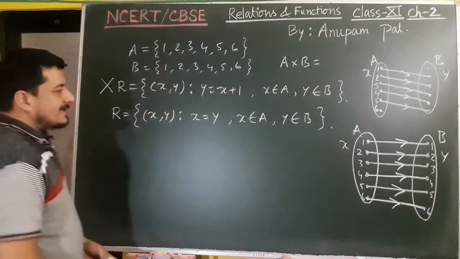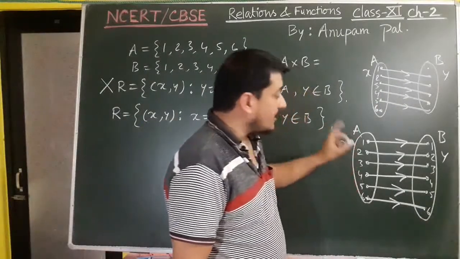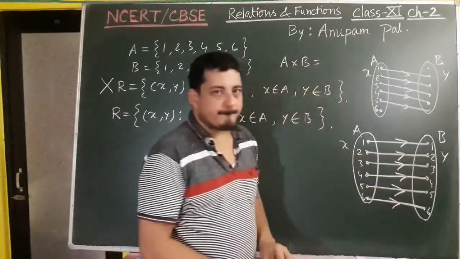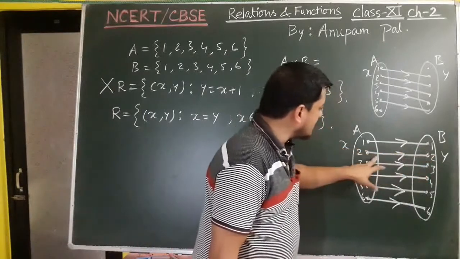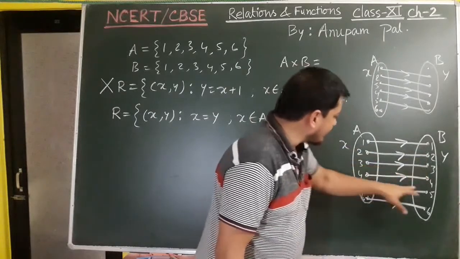Now you see, each element of set A has one and only one image in set B. This 1 has only one image, this 2 has only one image, this 3 has only one image, this 4 has only one.